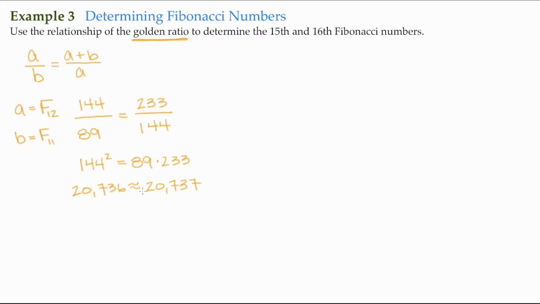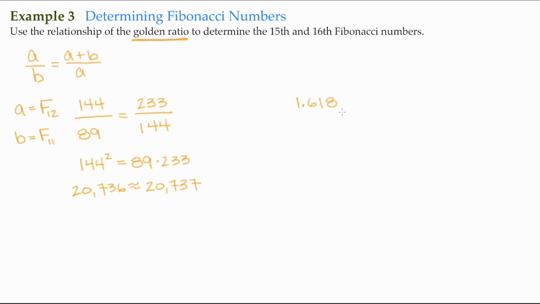They're approximately the same. But as these Fibonacci numbers get larger, as we go further and further down the sequence of numbers, these numbers get bigger and bigger, and the significance of the last digit becomes smaller and smaller. So if we actually determine what is 144 divided by 89, if we approximate that to 4 decimal places, it comes out to be 1.618.